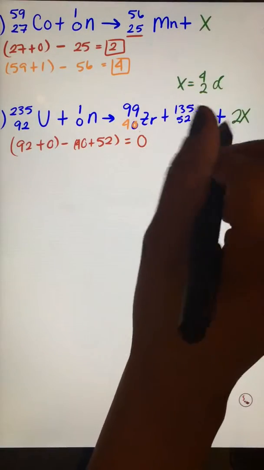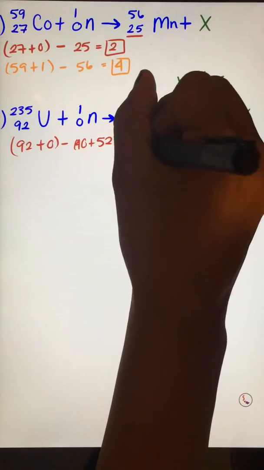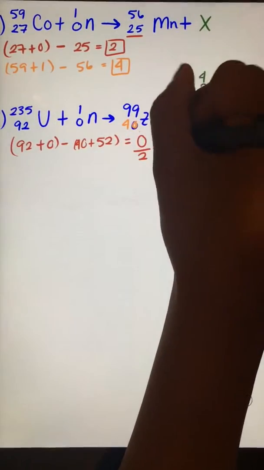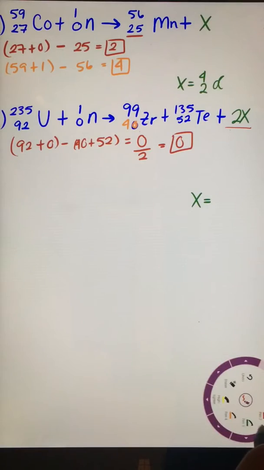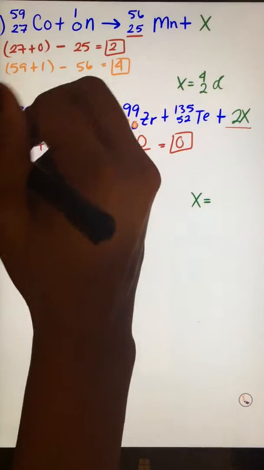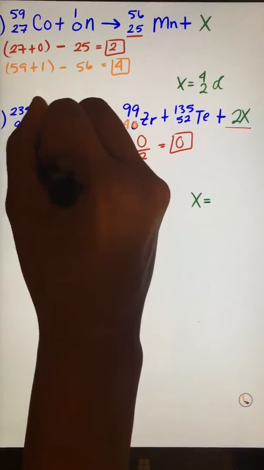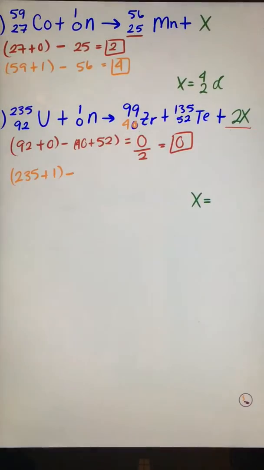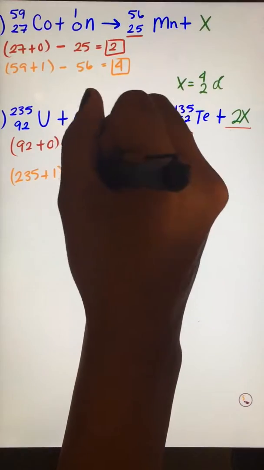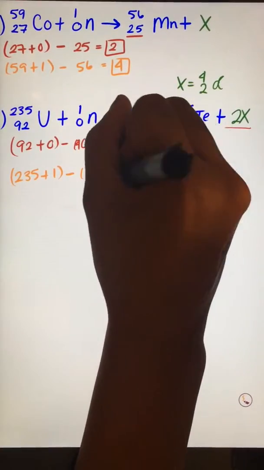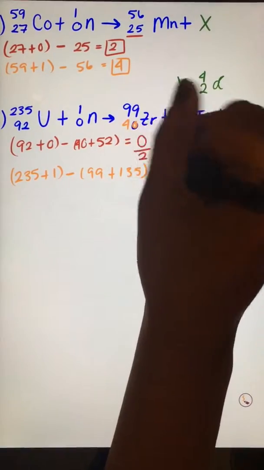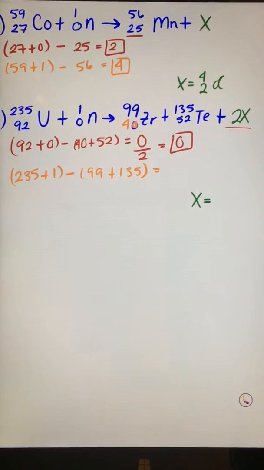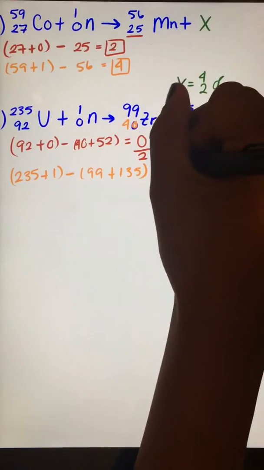Now, since X is multiplied by 2, you're going to divide by 2, and it will give you 0 protons. Let's move on to the nuclear mass, which is on the reactant side 235 plus 1, and you subtract 99 plus 135, and that will give you a difference of 2.